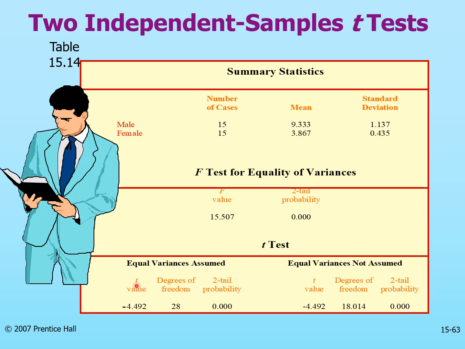If we assume equal variances, this is the benefit given by SPSS: it gives the statistics both ways, by assuming equal variances and by not assuming equal variances.